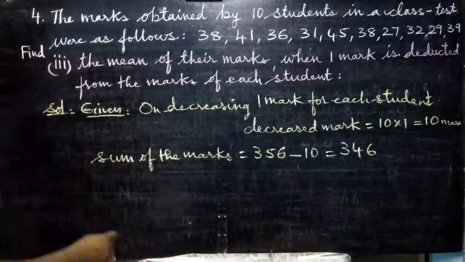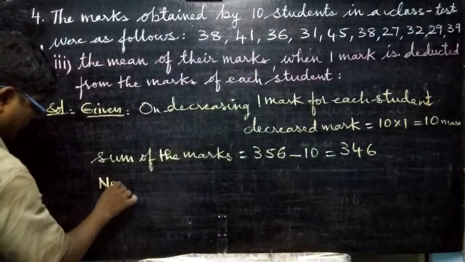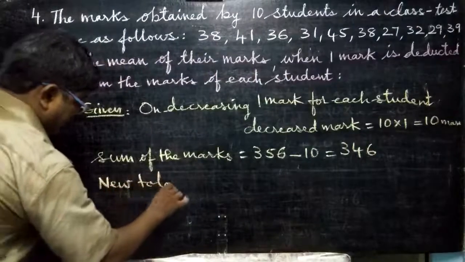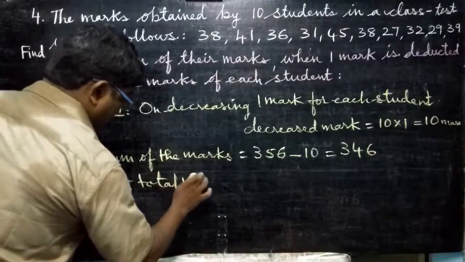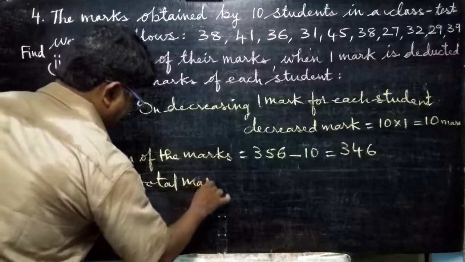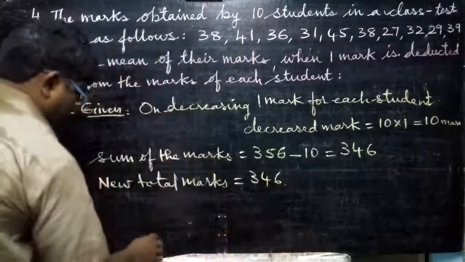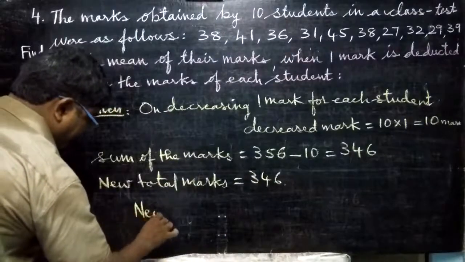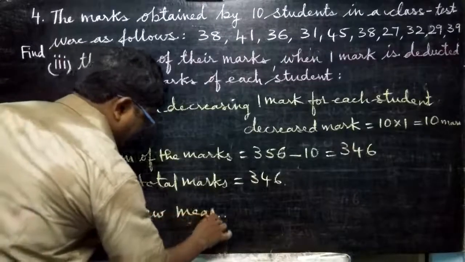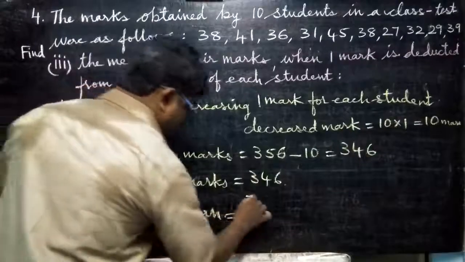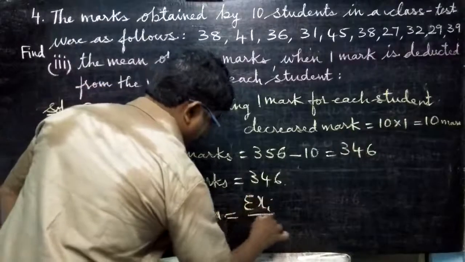Now new total marks. How much did we get? New total marks 346. Now new mean. New mean is equal to sigma xi by n.